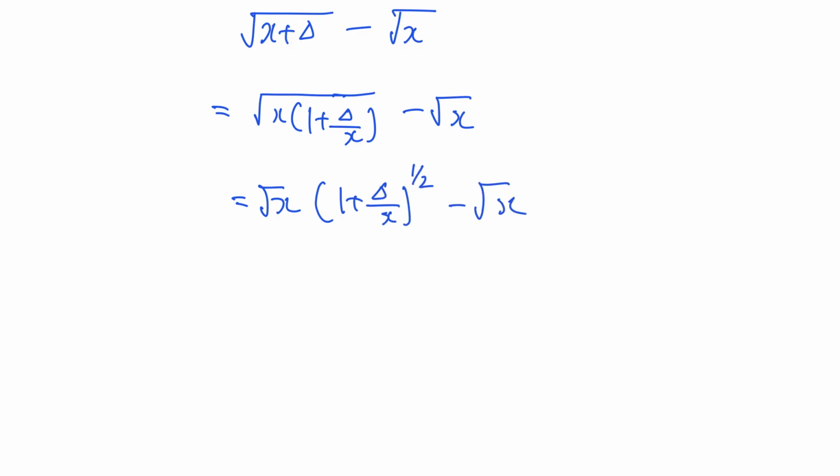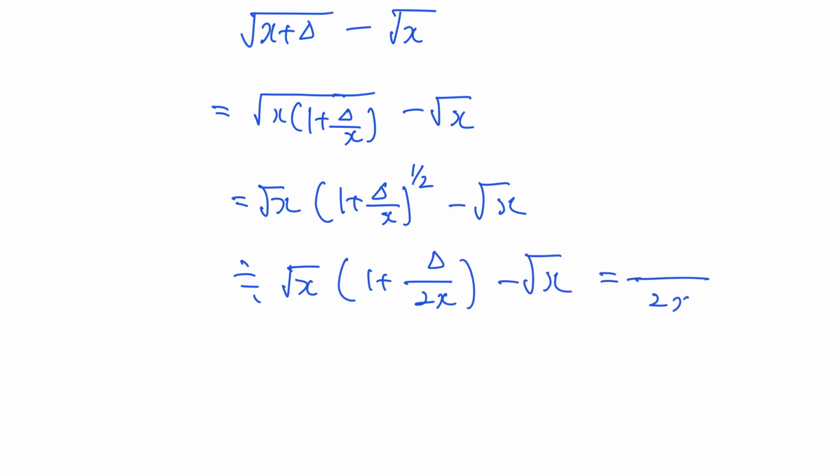This is roughly square root of x times (1 plus delta over 2x) minus square root of x, which is delta over 2 square root of x.